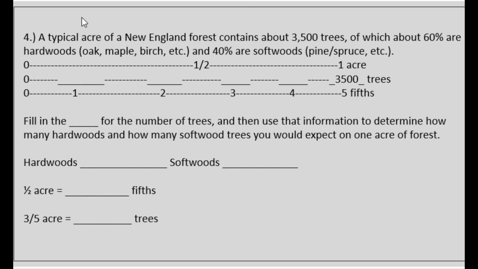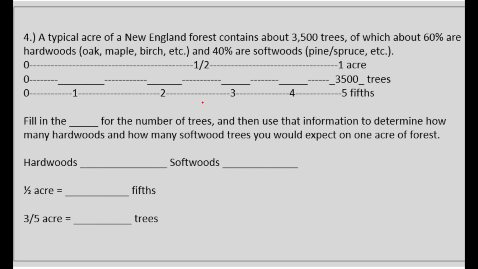So here's problem 4, which is a typical acre of New England forest contains 3,500 trees. 60% are hardwoods, meaning like oak, maple, birch, and 40% are softwoods, meaning like pine, spruce. So there's 1 acre, there's the equivalency there. And so they want you to fill in the blanks for the number of trees, and then use that information.